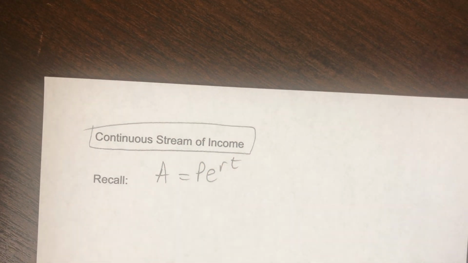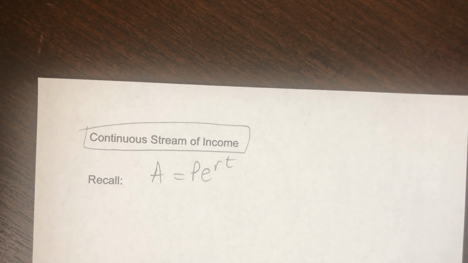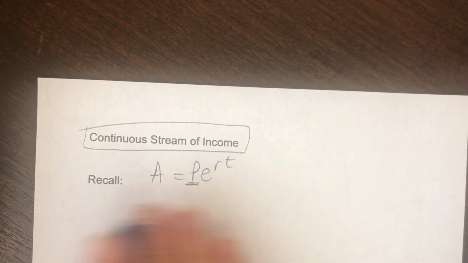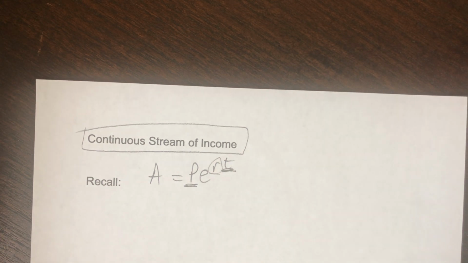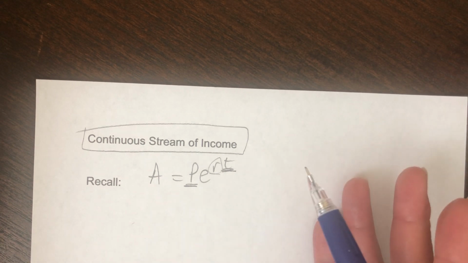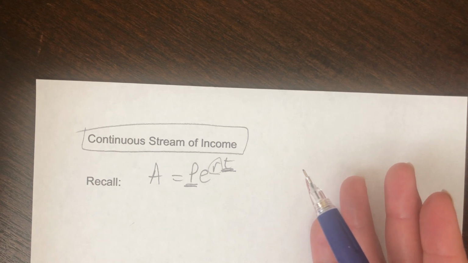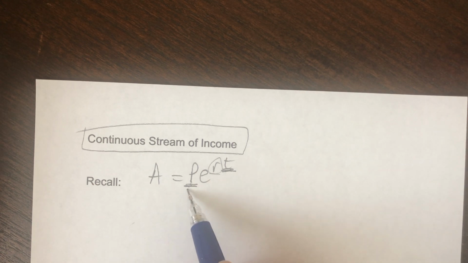Our PERT formula was about what? You investing a principal amount of money, P, for some time T at an interest rate R, and you just leave it there, right? At the end of this time, multiply all this together and you figured out how much money you made out of this amount that you started with.